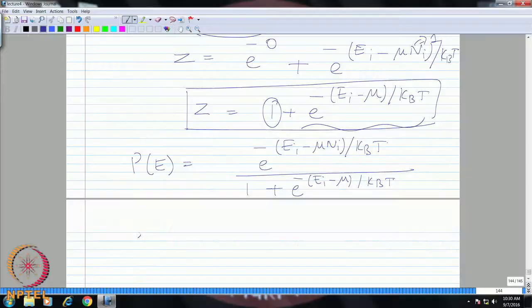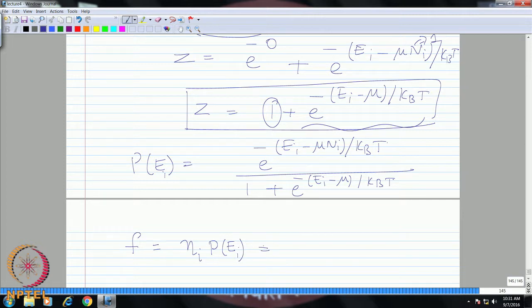Okay. So, now we have P of E, the next step is to calculate what is F. And how will we get F? We will have the number density occupying a particular energy level multiplied by P E of I, correct.